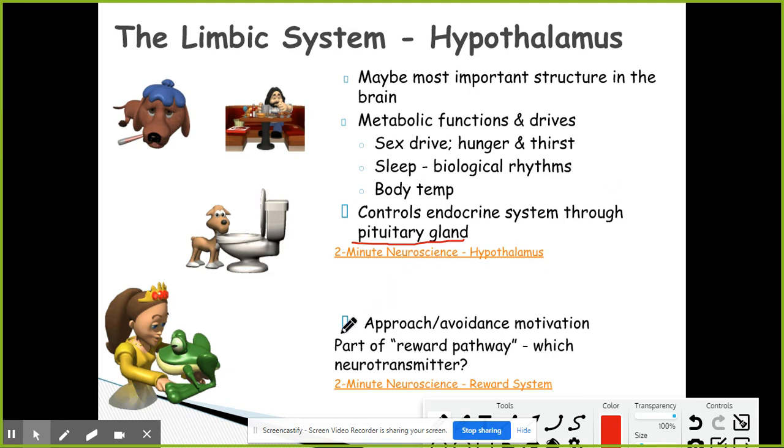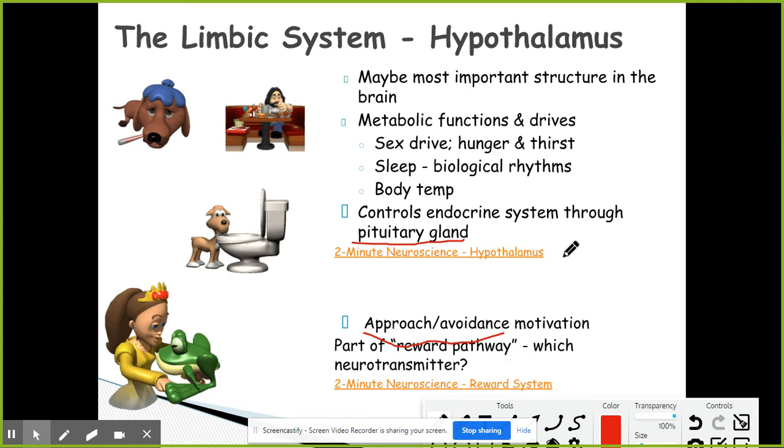And then lastly, one of the other really big things with the hypothalamus and a couple structures around it is motivation, specifically what I call approach avoidance motivation. So, kind of deciding or influencing the decision of, is the reward of something worth it versus the cost of it?